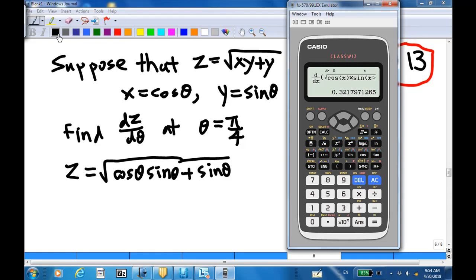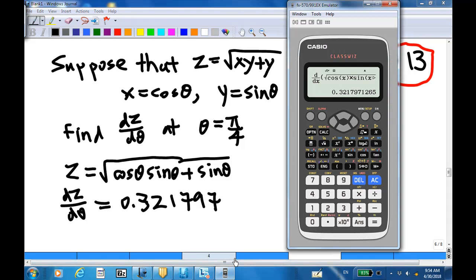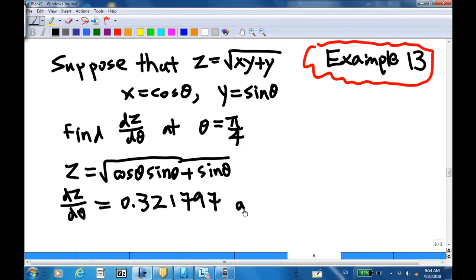That means dz/d theta is 0.321797 at theta equals pi over 4. Let's finish the recording.